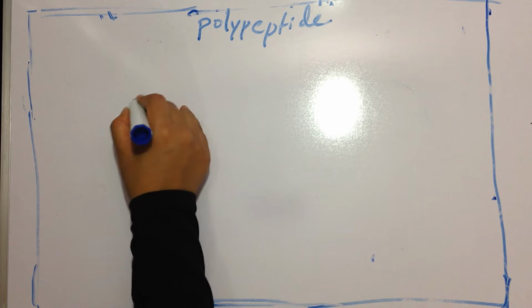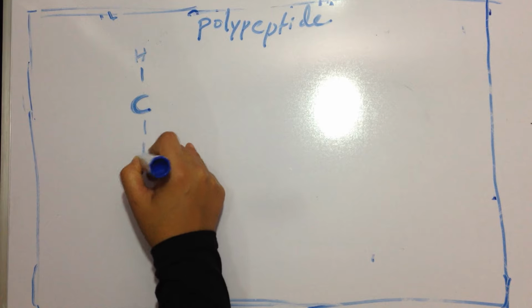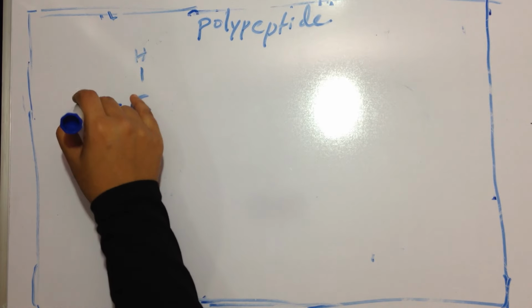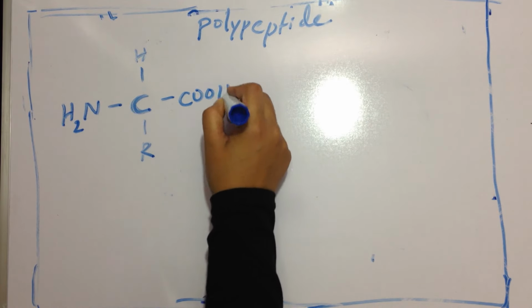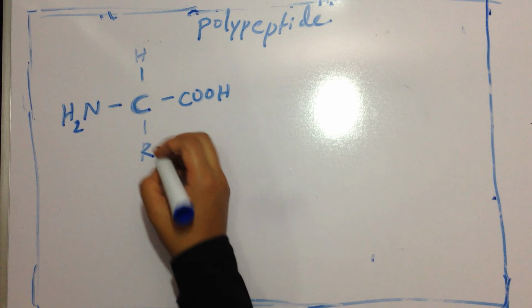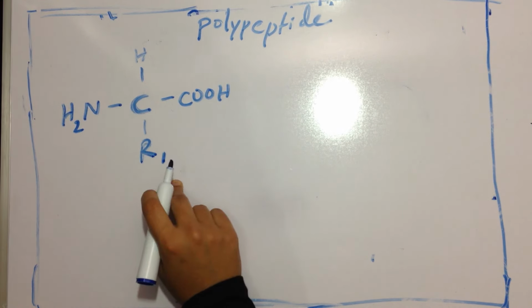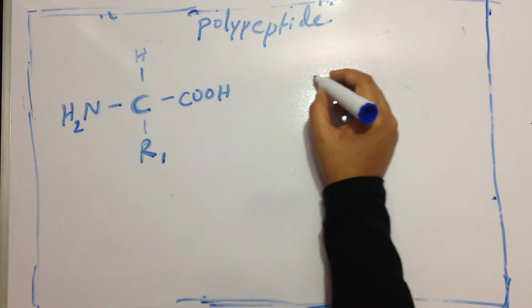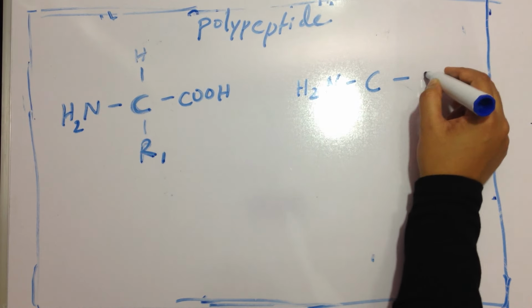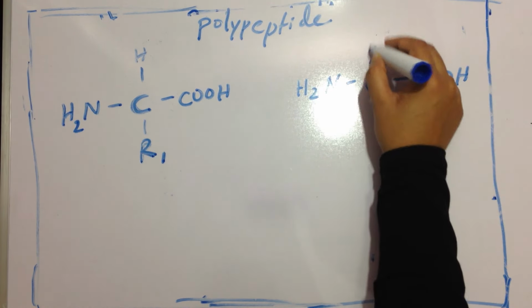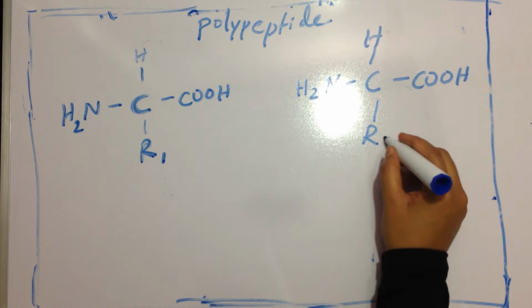If I summarize the structure of amino acid, they have NH2, COOH. Just to differentiate, I'm going to use R1 in this amino acid 1, and in the next one I'm going to use the same, COOH, H, and here, just to differentiate the amino acids, I'm going to use R2.